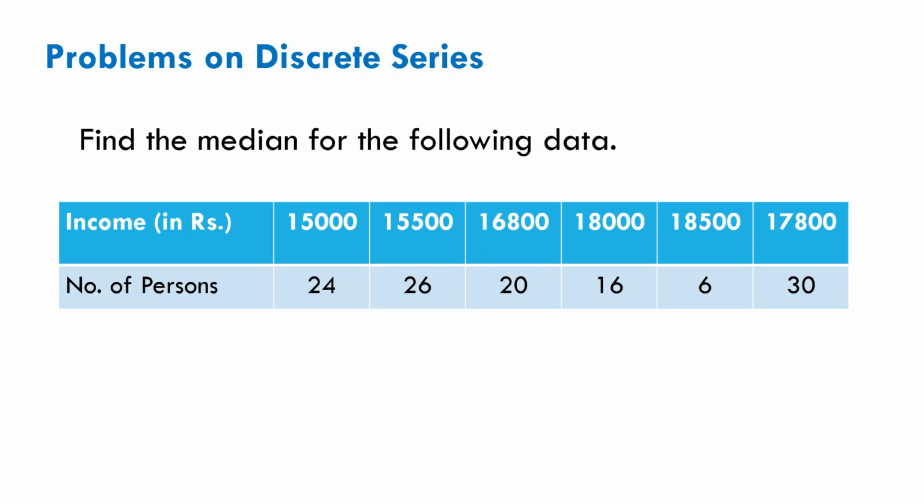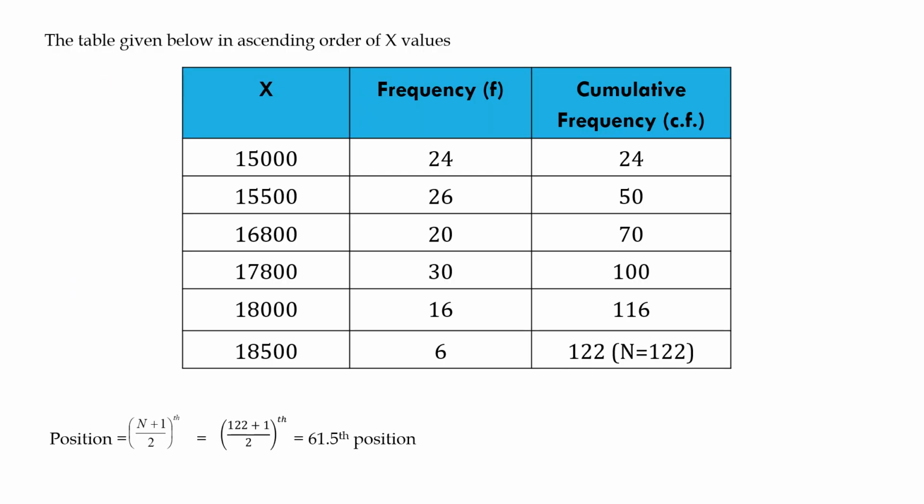Here we provide another example to find the median. The observations are taken as income, given in rupees, and the frequency values are given as the number of persons. First we arrange the data in ascending order.